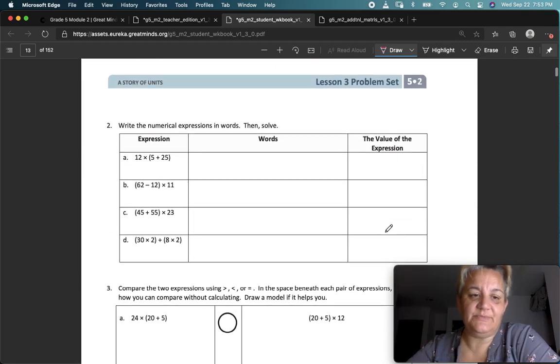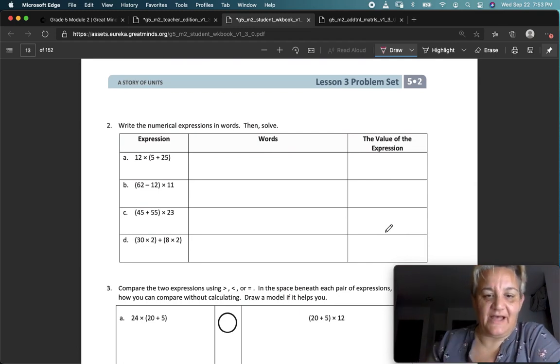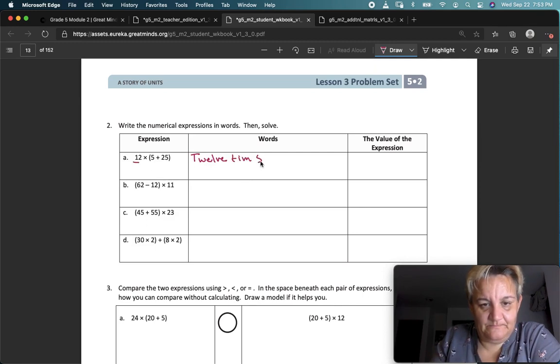Number 2, now we're going to write the expressions in words. So we're flipping it around. So we've got 12 times, and then this is in parentheses. So we're going to call that the sum of, because we're adding, the sum of 5 and 25.